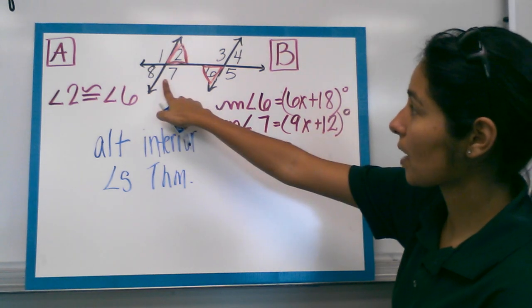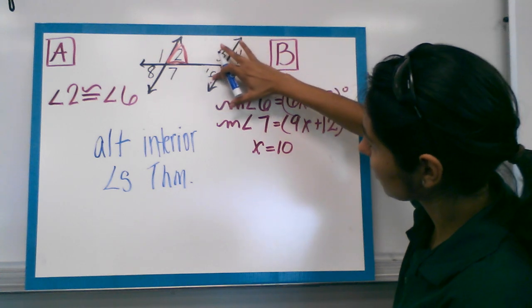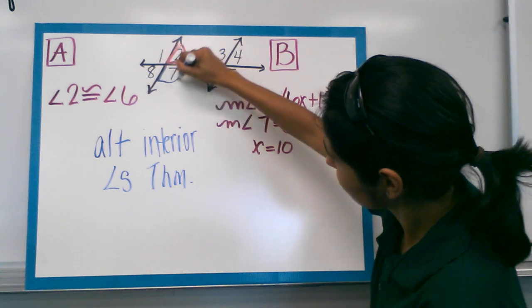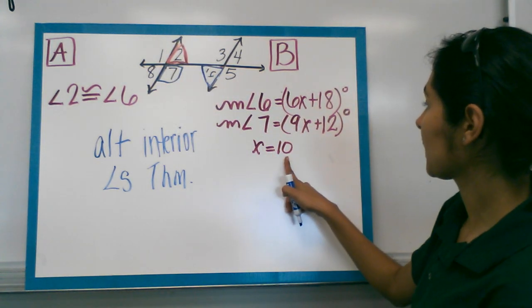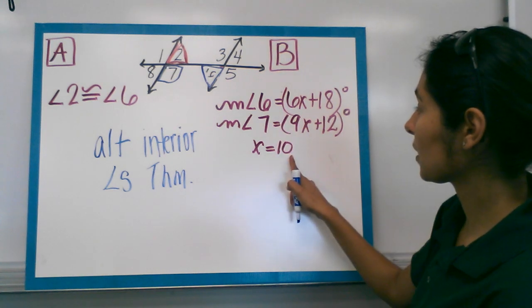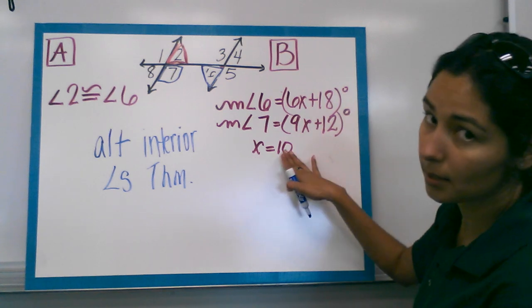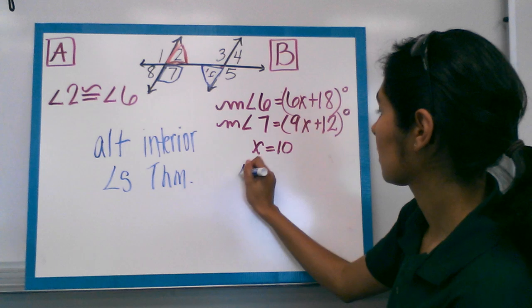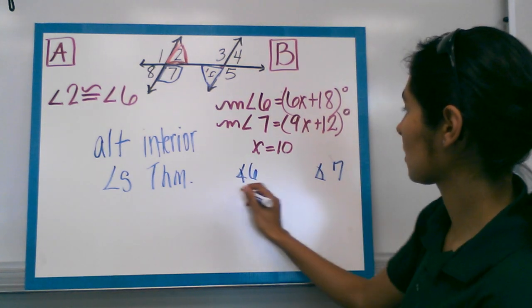And the measure of angle 7, erase this for the new problem, now we're talking about 6 and 7, is 9x plus 12, and x is 10. If I plug in 10 to both of these, we'll do angle 6 and angle 7.